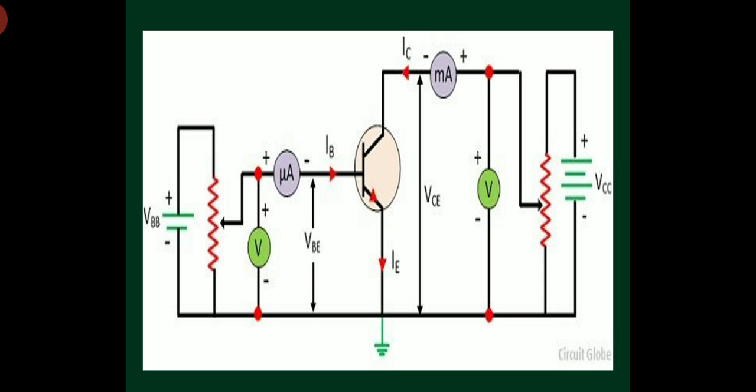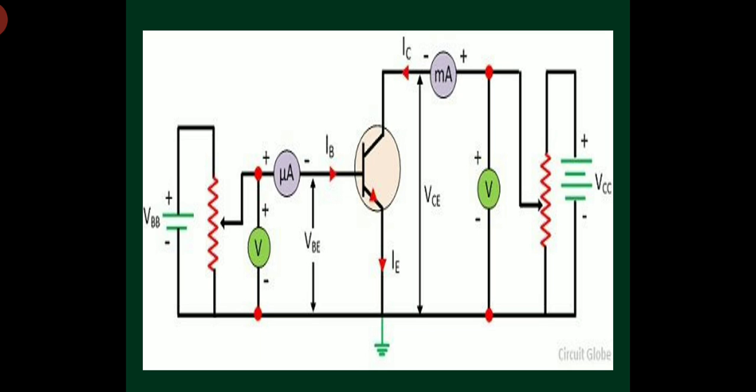In order to measure the voltage across junction JC, I am using a voltmeter to measure VCE, and I am using a milliamp ammeter to measure the collector current IC. Here also the voltmeter is connected in parallel and the ammeter in series, right?